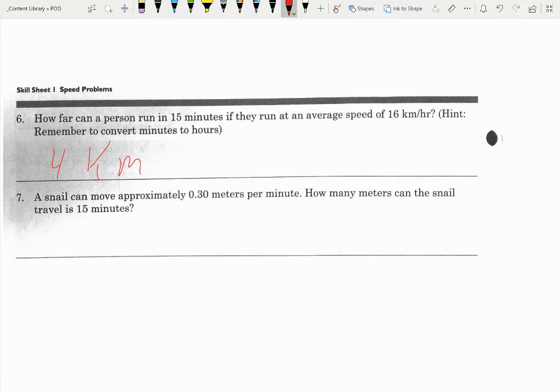Now, how did he do that? Go ahead, Mr. Costello. Good. So 15 minutes is 0.25 hours. And if you go 16 kilometers an hour, 0.25 of 16 is 4 kilometers. All right.